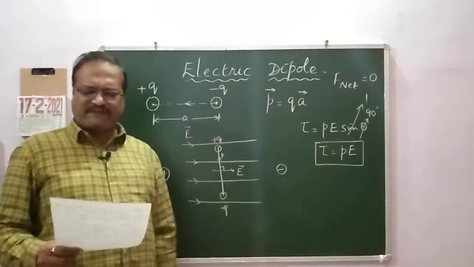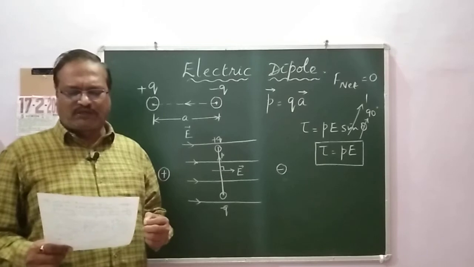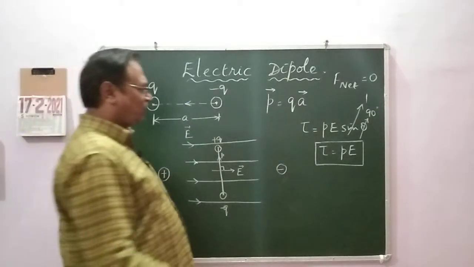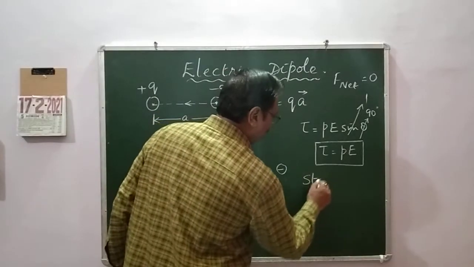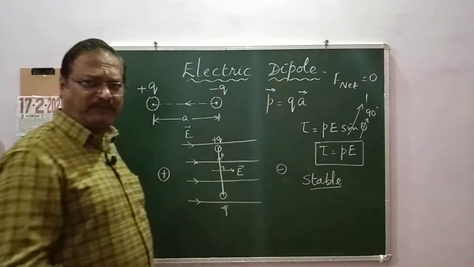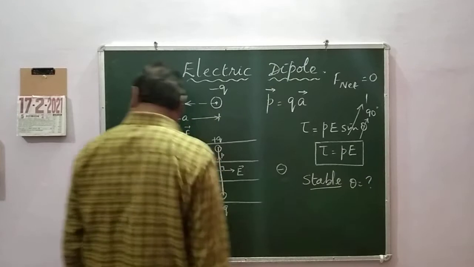Now, the question is, at what orientation of the dipole will it experience stable equilibrium? How will it be stable? Or we can say, what should be the angle? That also we can calculate.